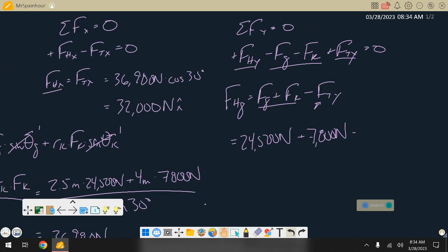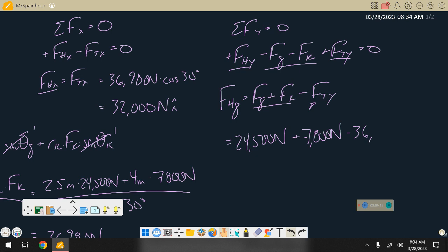So once again, that is 36,900 newtons times the sine of 30 degrees. That's 24,500 plus 7,800 minus 36,900 sine of 30. We get 13,850 newtons.